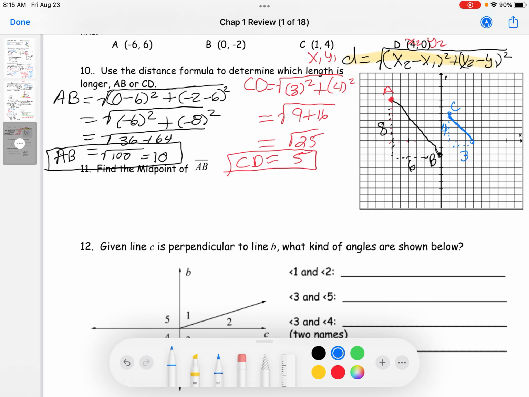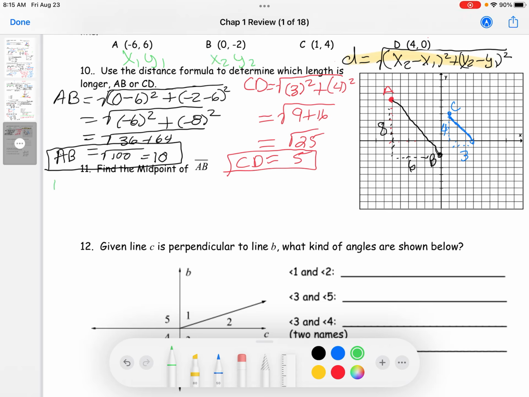Okay, so it says find the midpoint of AB. I'm going to erase these x1s and x2s, and go back to the original because we're going to find the midpoint. x1, y1, x2, y2.